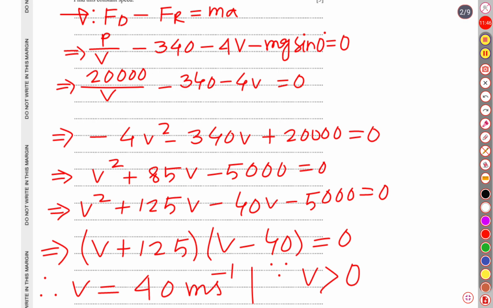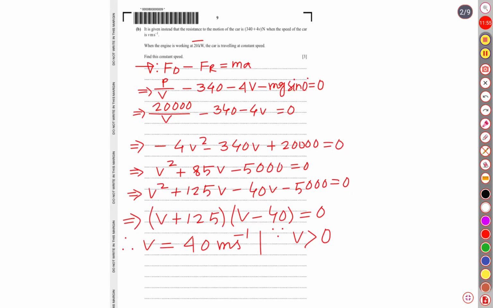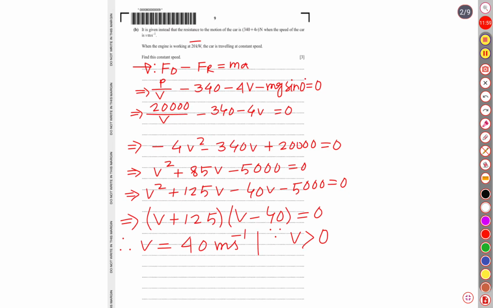Our velocity is more than 0, hence we have chosen the positive value of V. And that's all about the solution to this question, and I believe that you have understood it well.